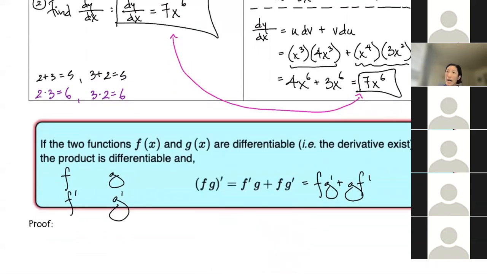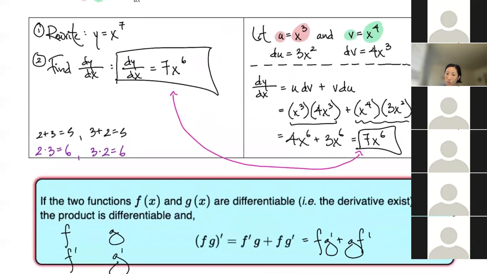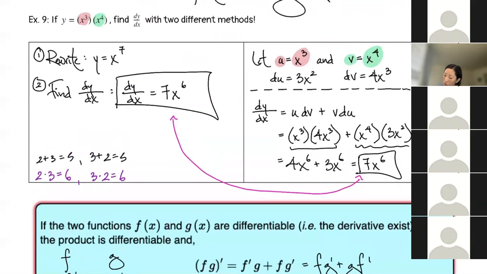All right. As long as you are essentially taking one function, multiplying it by the derivative of the other, and then adding it to the second function times the derivative of the first, then you're good to go. Okay.